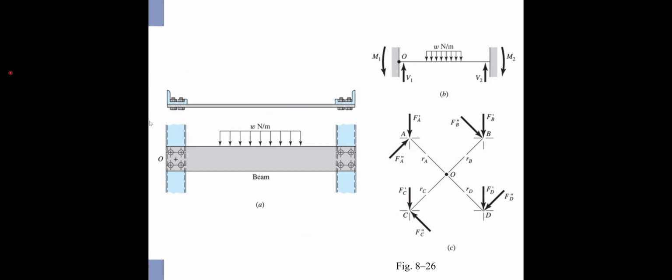If we only look at one joint, it is composed of this F_A prime, from the direct shear, and a moment equal to R_A cross F_A double prime. Similarly for pins B, C, and D.